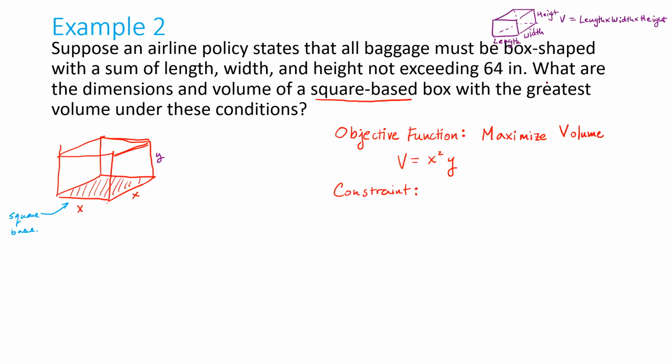So again, going back to that first sentence, it says that the sum of the length, width, and height cannot exceed 64. So the biggest it could be is 64. So then we're going to make sure that the length, the width, and the height, so x, x, and y, sum up to 64.